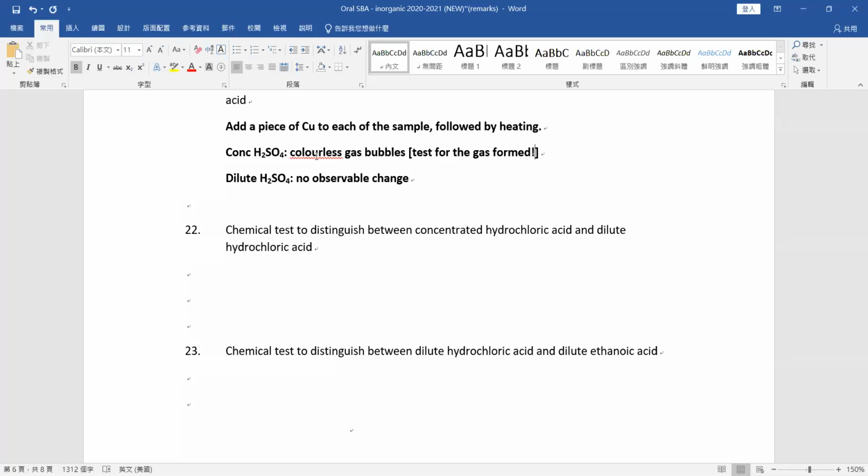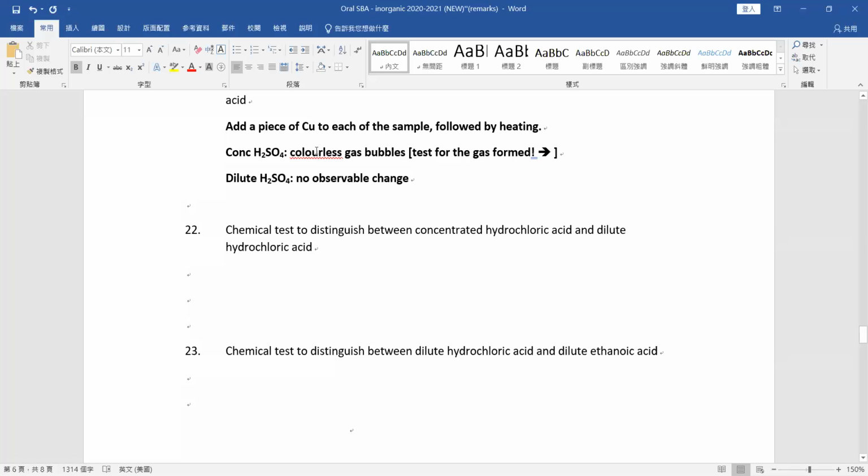Put a moistened blue litmus paper and check whether it turns red, if it is sulfur dioxide. Is it a unique test? The use of blue litmus paper is to test for the presence of a gas being acidic or not.